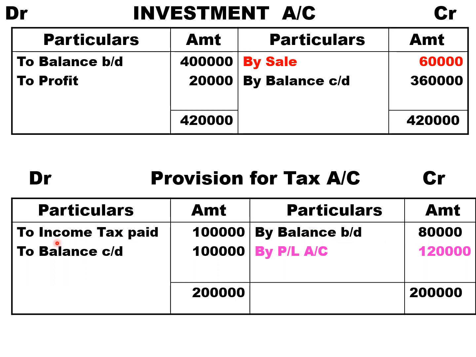In adjustment they have given income tax paid. When you pay, it's an expense, 1 lakh. Then closing balance 1 lakh. Total of debit side 2 lakh minus 80,000, you get 1 lakh 20,000 as the provision made in the year. So 1 lakh income tax paid is for the current year. 1 lakh 20,000 is the income tax provided for the future.